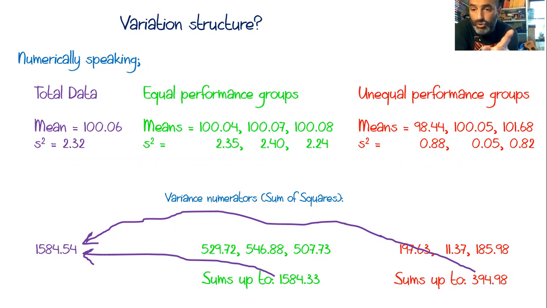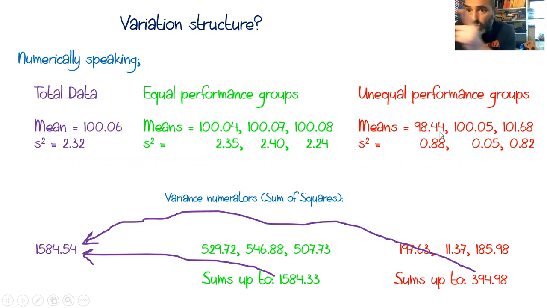At least one of them should be different from the others. We could say probably that mu1 is not equal to mu3. We don't know if mu1 is equal to mu2 or mu2 is equal to mu3, but we don't care.